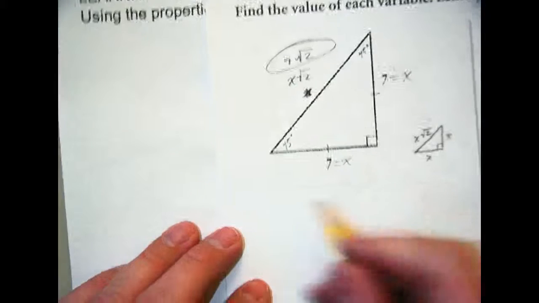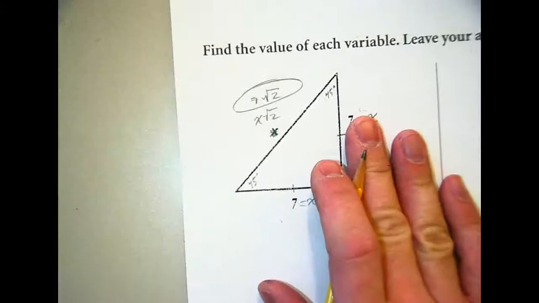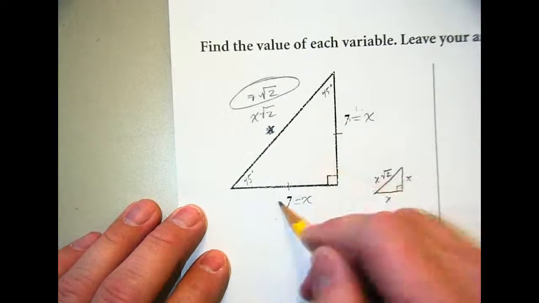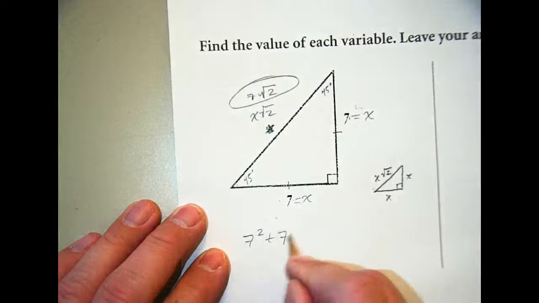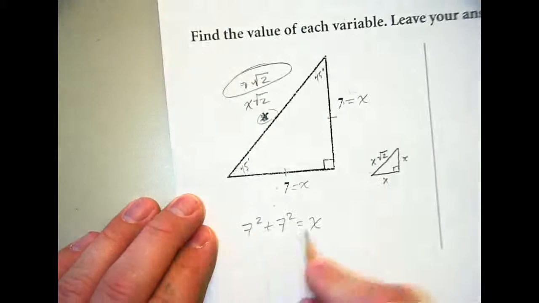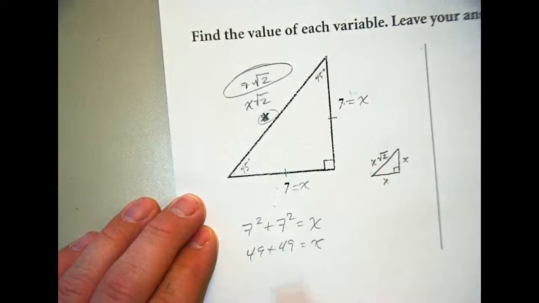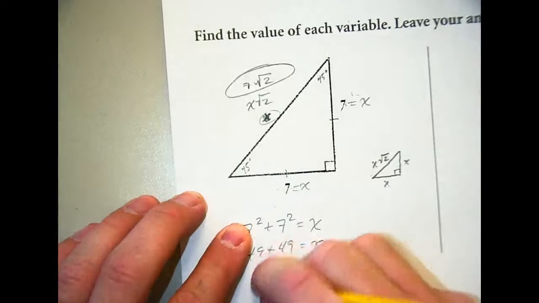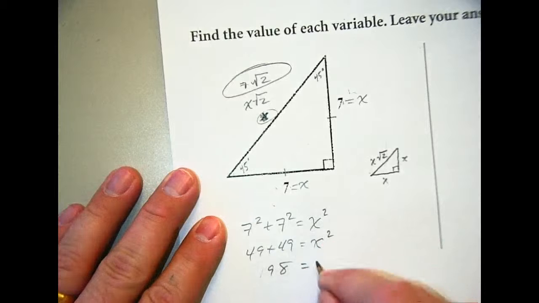Otherwise, what you're doing is the Pythagorean theorem. You're going, well, I know this, and I'm trying to find that. So I'd have to go 7 squared plus 7 squared equals x squared. That's 49 plus 49, which means 98 equals x squared.